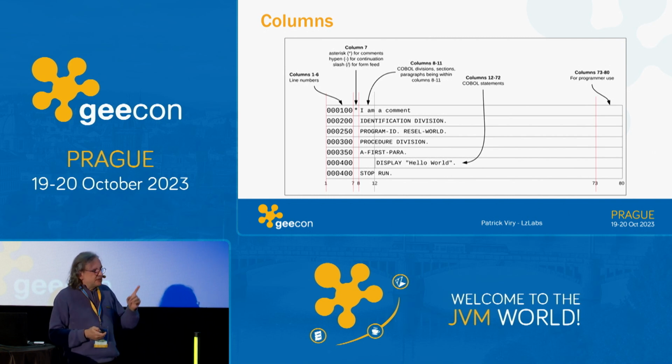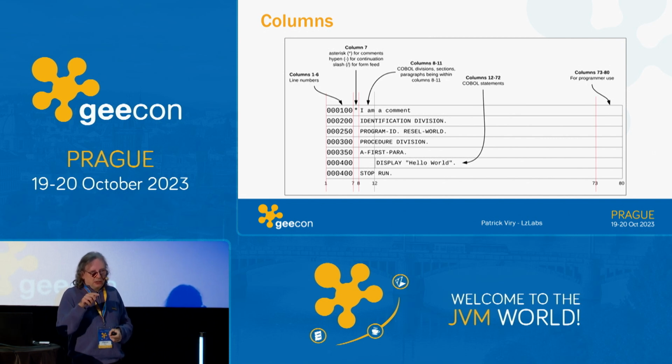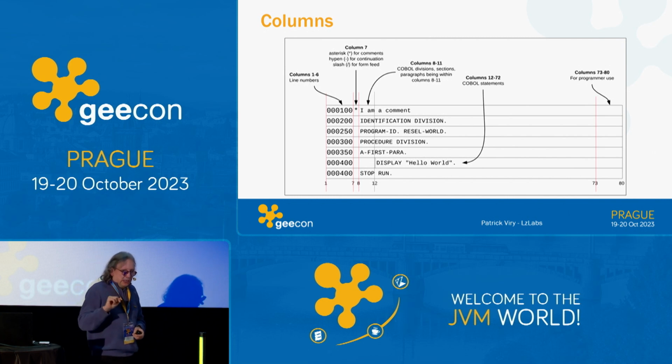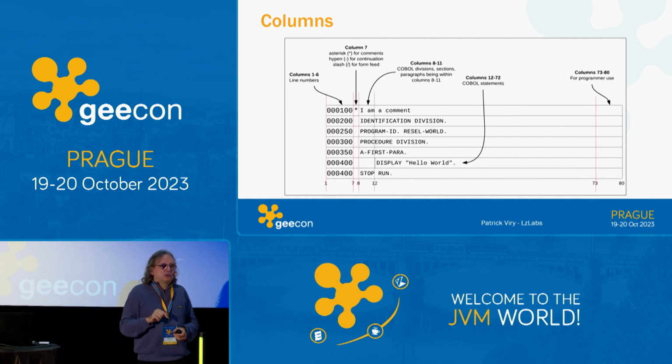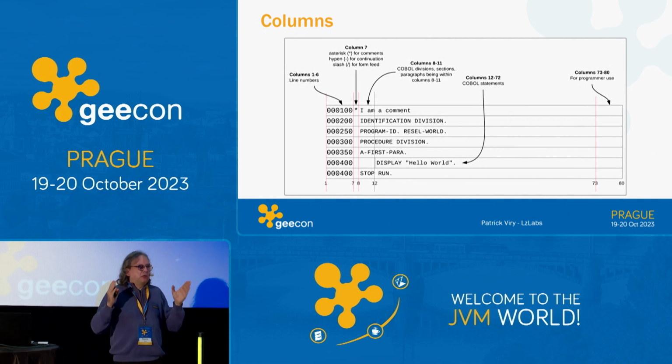The column 7 is a very special and very important column. If you put a star in column 7, it means the line is a comment. And if you put a dash, it means it's a continuation. Because whenever something is column-based, then you face the problem that you may want to write a line that is longer than what is actually available.